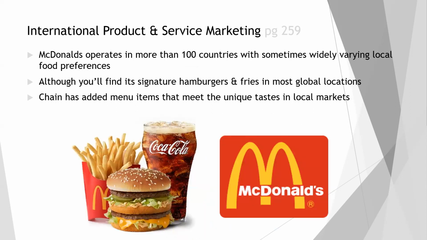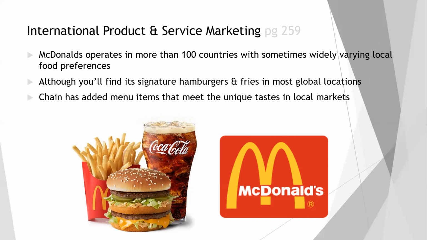An example: McDonald's, the Golden Arches, very popular, the most popular fast food restaurant in terms of sales in the United States. McDonald's operates in more than 100 countries, and sometimes they have very wildly varying local food preferences. If you've ever traveled internationally and been to a local McDonald's, you are probably going to see some very different offerings than at the McDonald's just down the street from your house.